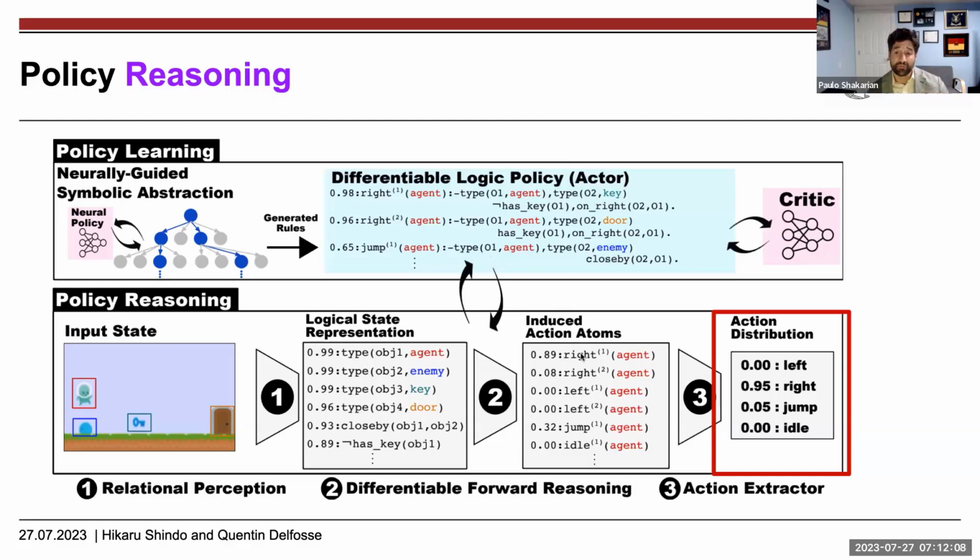Maybe I can give a more high-level view. On the high level, what you want is a set of rules that describe a reason for different actions, but you might have different reasons for the same action. For example, there is an environment that we're going to show you where you might want to dodge an enemy that is coming, and you might want to go to the goal at the same time.